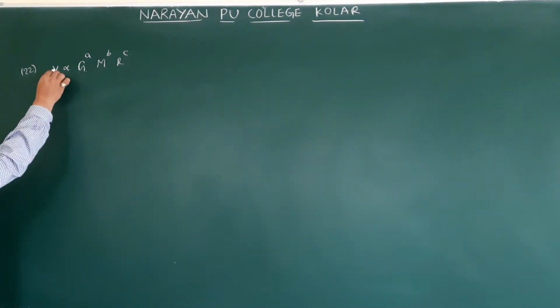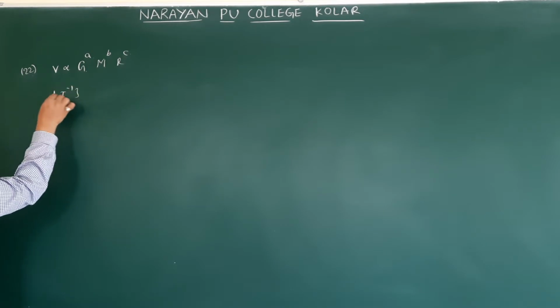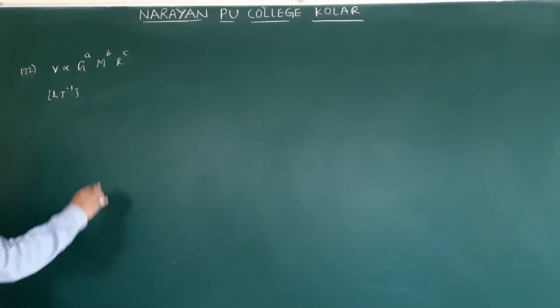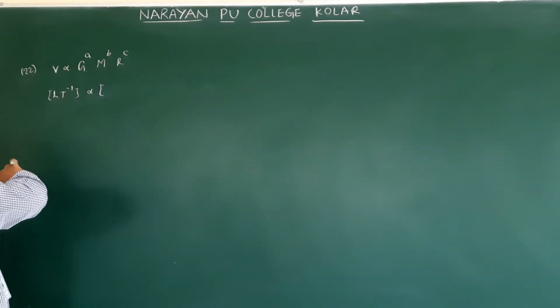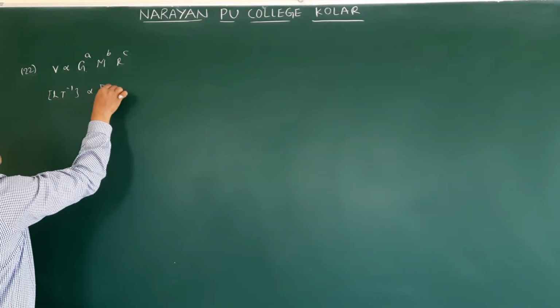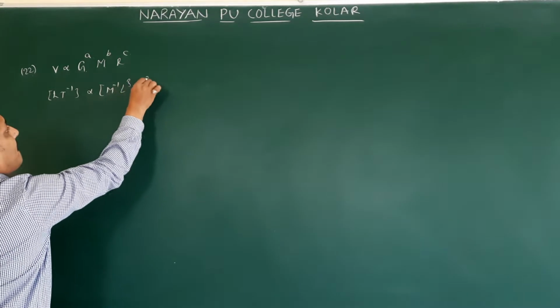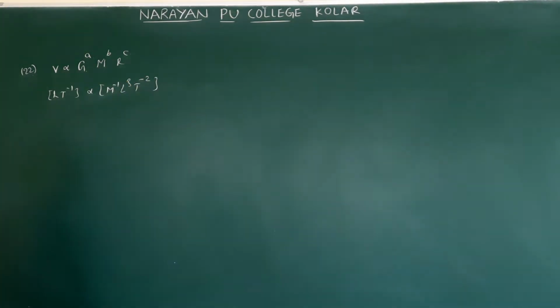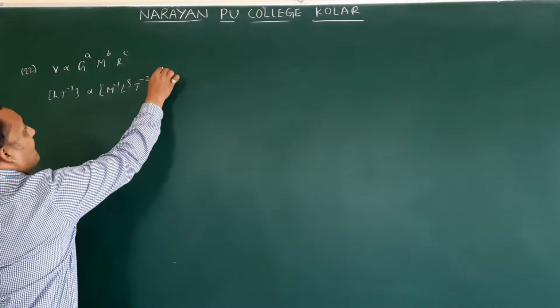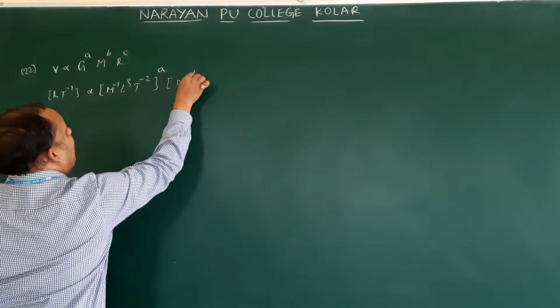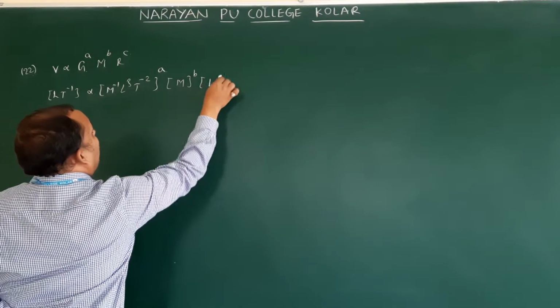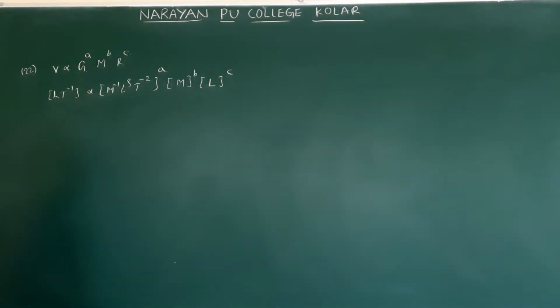So LHS is velocity. Therefore L t power minus 1 is directly proportional to the dimensional formula of gravitational constant, M power minus 1 L cube t power minus 2. You should remember this. So mass only. Radius is nothing but length.